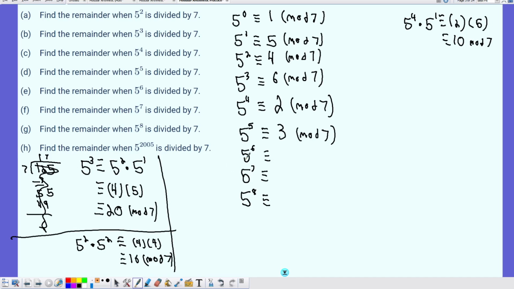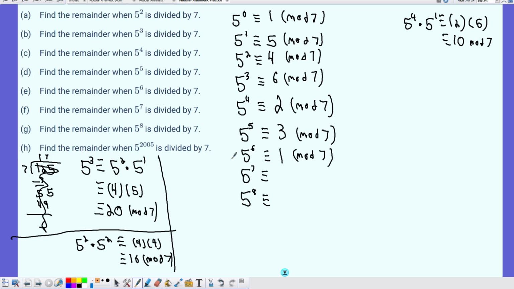5 to the 6th power. Well, that's the same thing as 3 times 5, 15, which would have a remainder of 1 when divided by 7. 5 to the 7th power.